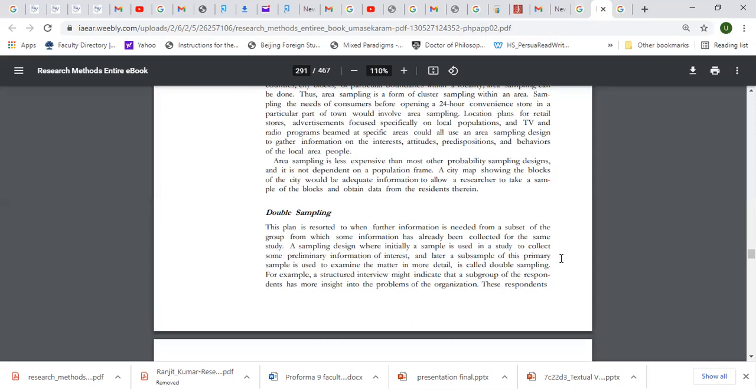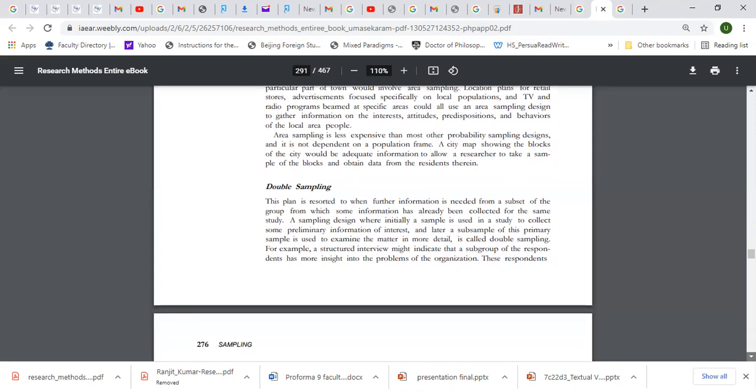So these are two different things for which I have used the same group. This is called double sampling.